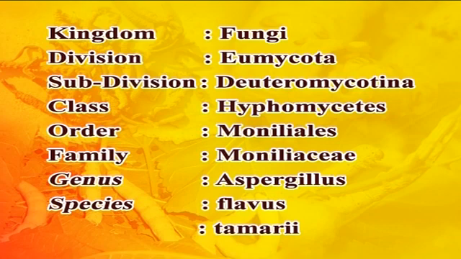It prevails during winter and rainy seasons in all sericultural areas. The aspergillosis caused by common Aspergillus species belongs to kingdom Fungi, division Eumycota, subdivision Deuteromycotina, class Hyphomycetes, order Moniliales, family Moniliaceae, genus Aspergillus, species flavus or tamarii.